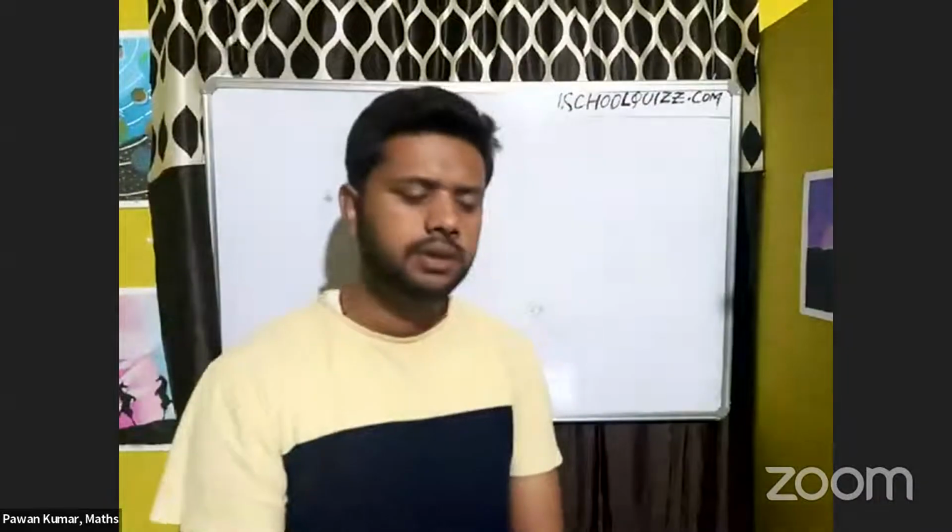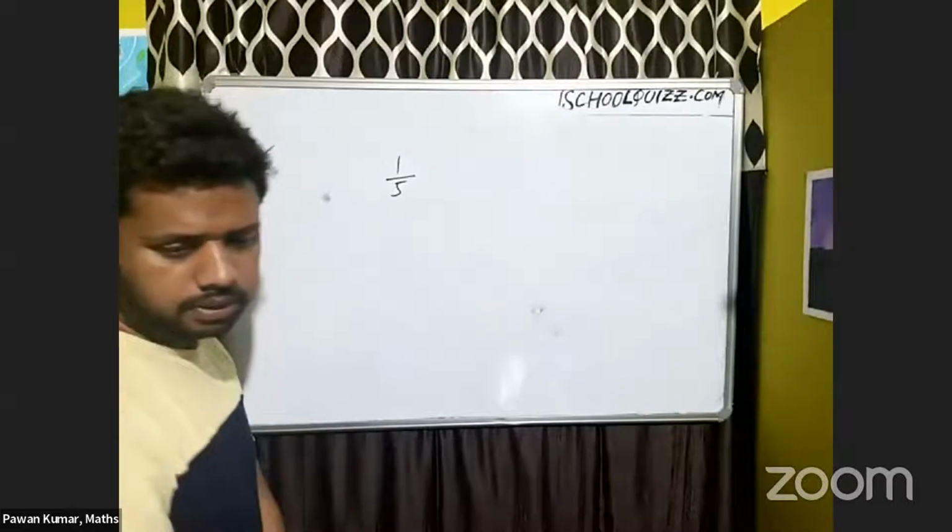So the question is to find four rational numbers between 1 by 5, 1 by 7, and 1 by 10. Find the four rational numbers.